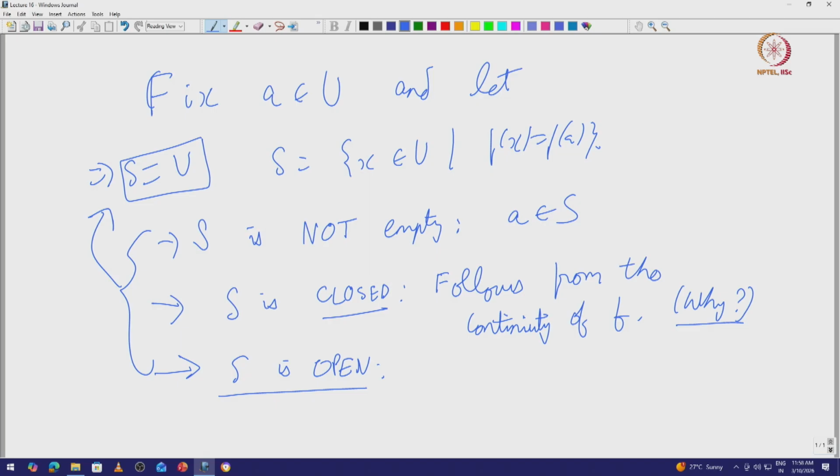In other words, the complement of S in U is not empty. Then the complement of S is open because S is closed. So U is a union of two sets, S and the complement of S. These are both open in U and they're disjoint, which means U is not connected, and that's a contradiction. So all we have to do is to prove this, and then we will be done.